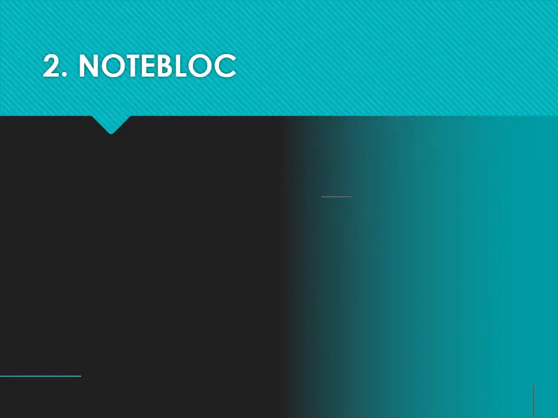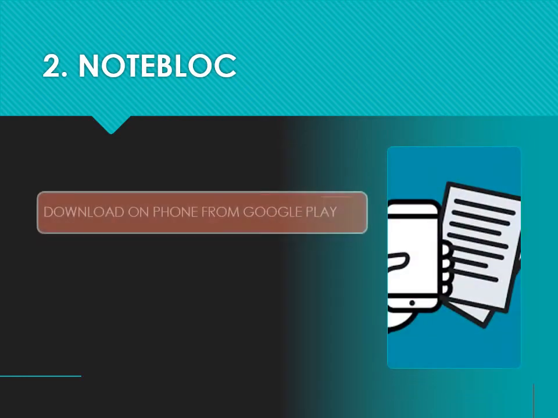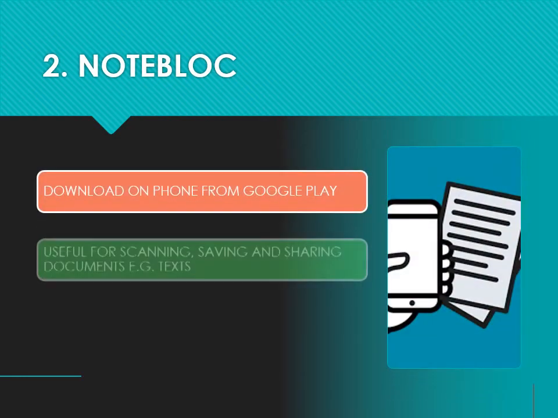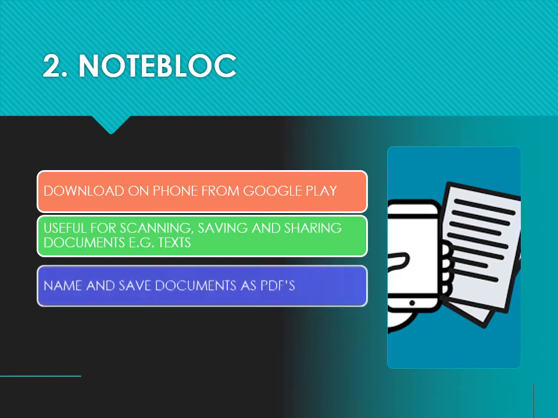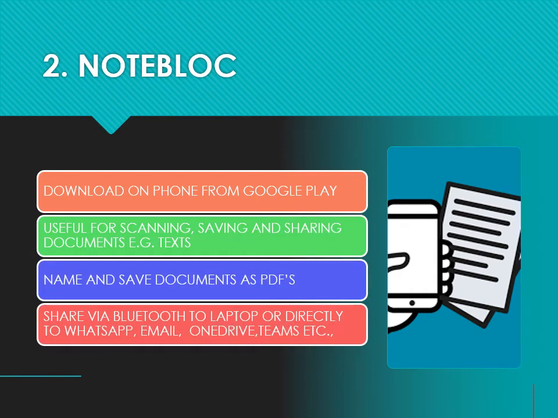The second tool that I'm going to talk about is Noteblock. I found this tool particularly useful when we didn't have access to photocopying or printing facilities. So it's a very easy app to use. You just download it onto your phone from Google Play, and then you can use it to maybe scan pages from books or to scan worksheets, and you can name these documents and save them as PDF files.